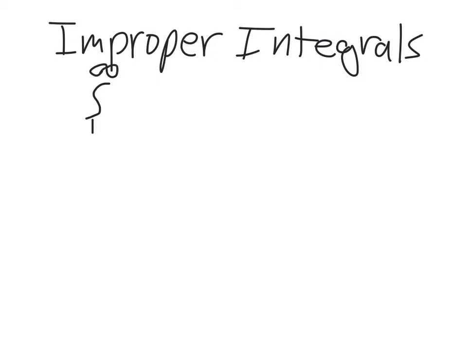A common form of an improper integral is from 1 out to infinity. Let's just pick a real straightforward one here.